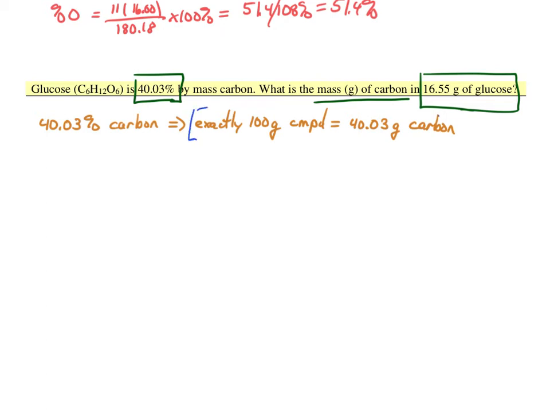This identity here means we can write two conversion factors. We can say 100 grams of the compound is equivalent to 40.03 grams of carbon.